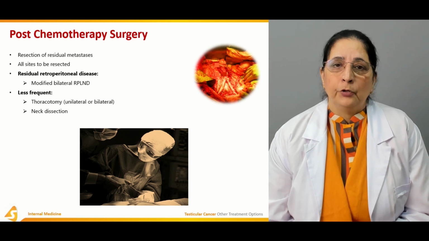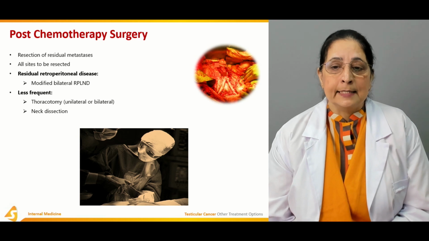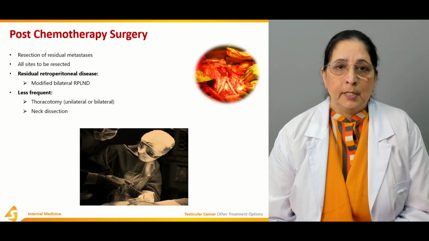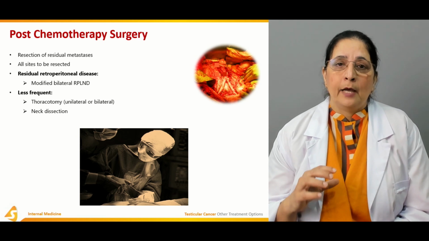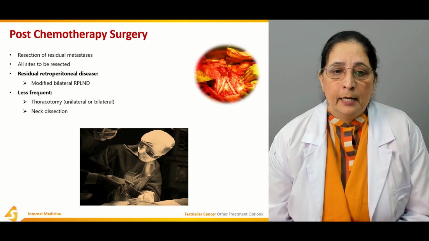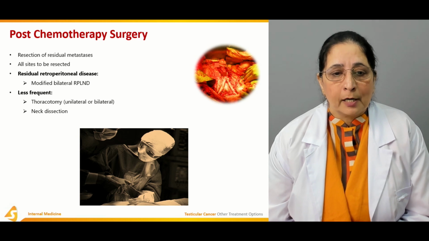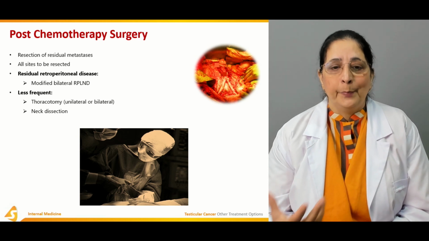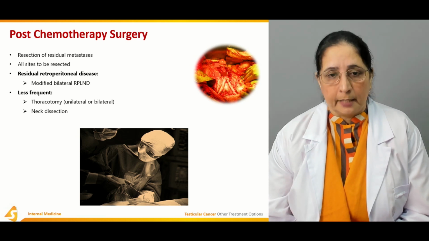Less frequently, thoracotomy, unilateral or bilateral, and neck dissection can also be done. So these are the different surgical options after chemotherapy, including retroperitoneal lymph node dissection, thoracotomy (otomy means opening), and neck dissection.